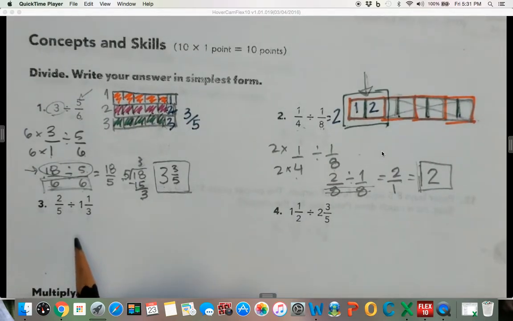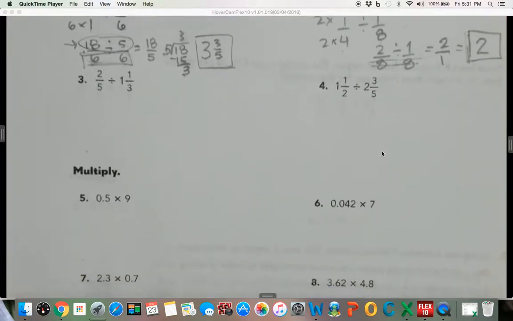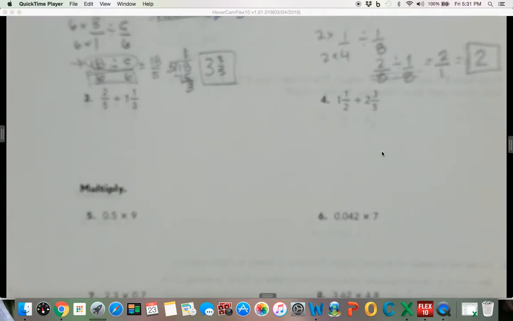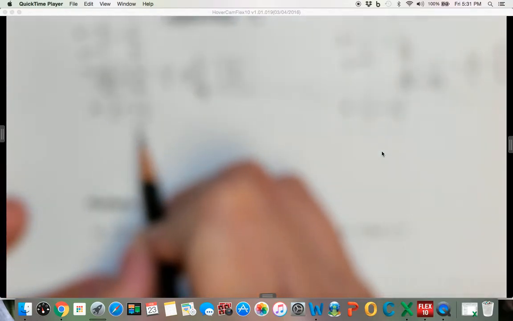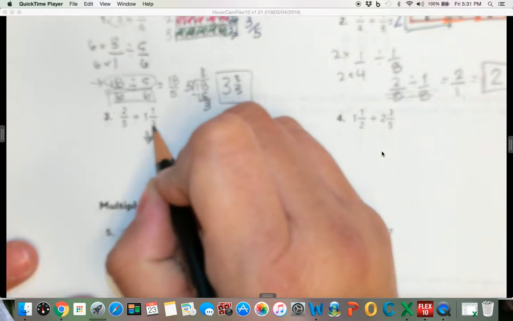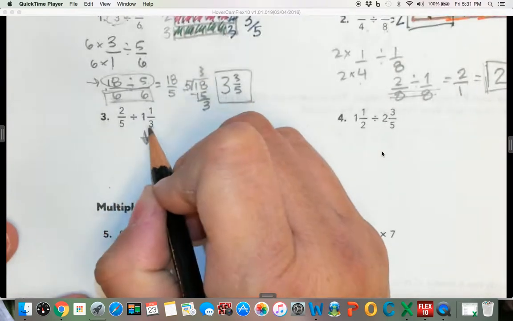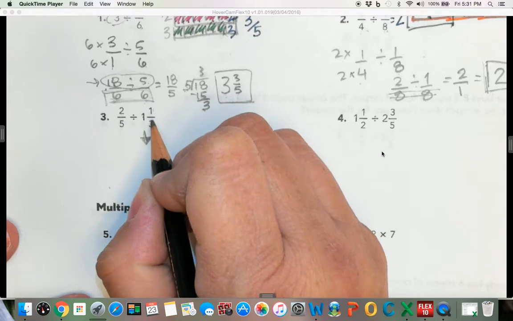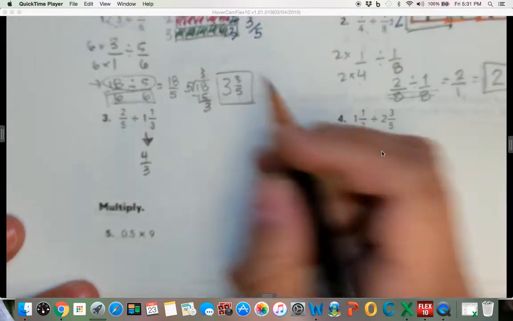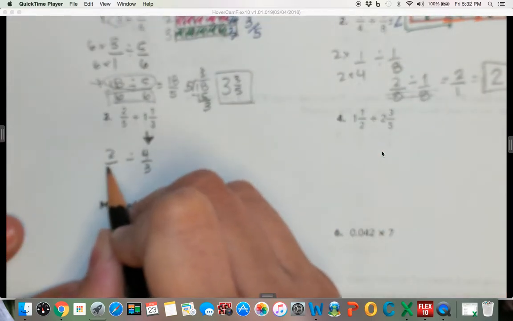Okay, number 3 gets a little bit more complicated because we have a mixed number. So before I divide anything, I'm going to take that mixed number and turn it into an improper fraction. I have to do that first. Okay, so 1 1/3, 1 whole is 3/3, plus 1/3 gives us 4/3, divided by 2/5.